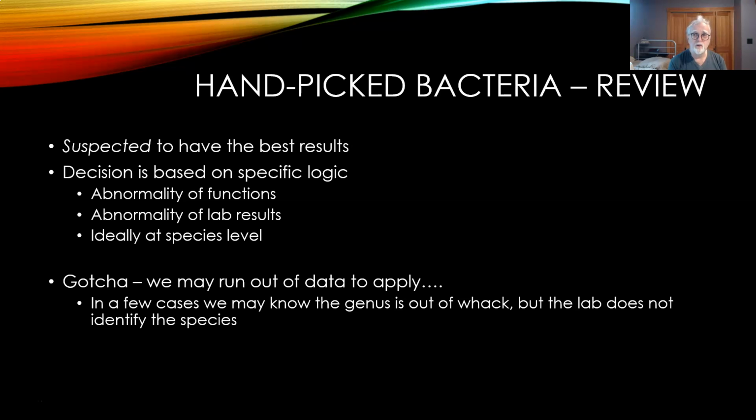For example, abnormality in functions, too much of an enzyme, too little of an enzyme, abnormality of lab results. Ideally, we have done everything by individual species, so we are at the finest level of easily available knowledge.